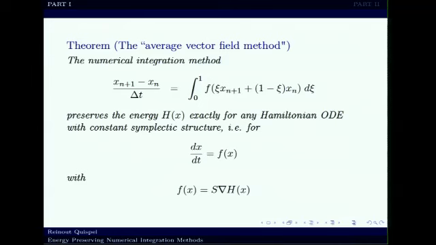All right, but now back to where we are. So the result says that this numerical integration method preserves the energy H exactly for any Hamiltonian ODE of this form where F is equal to that.